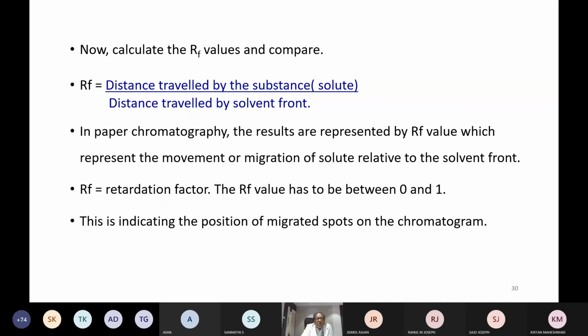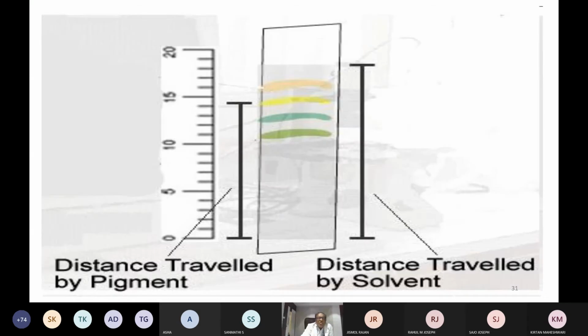When you take the value, it shows which amino acid is separated. There is a known RF value already determined from practicals, so by calculating it, you can come to know which amino acid is separated.